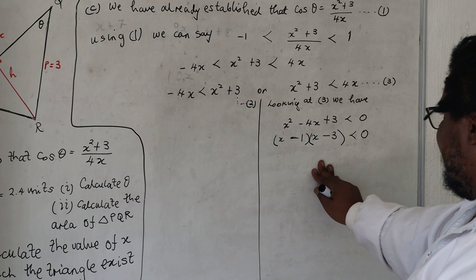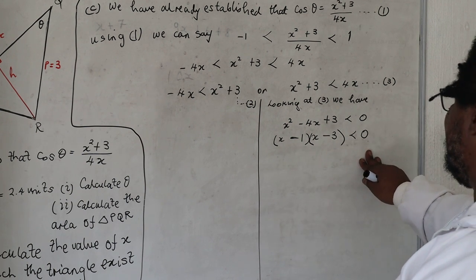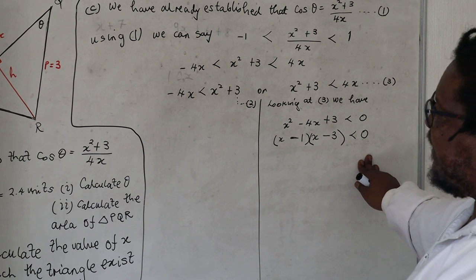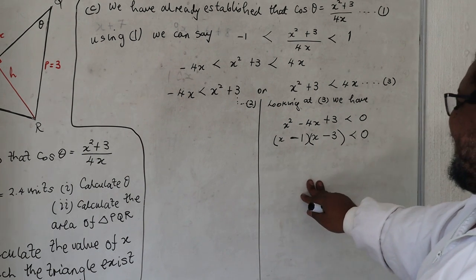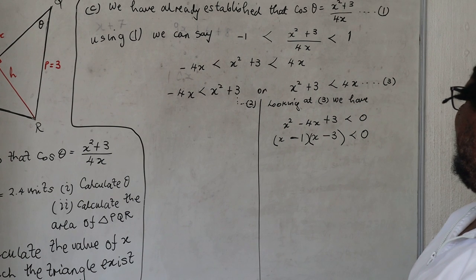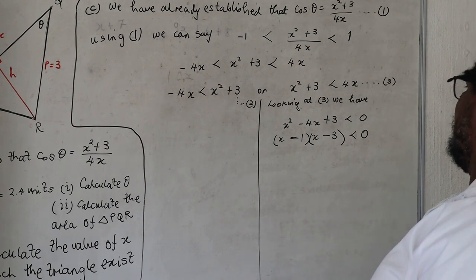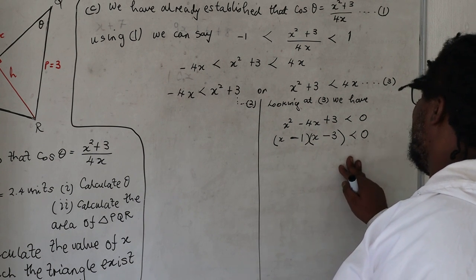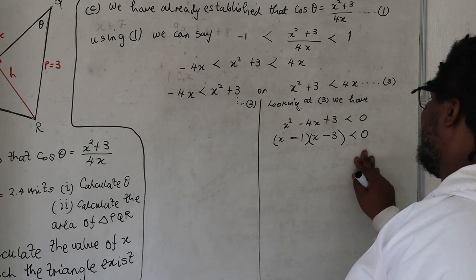and those values of x that satisfy this inequality will give us the values of x for which triangle PQR is indeed feasible. So if x is equal to 3, this whole thing goes to 0, and this inequality does not hold.